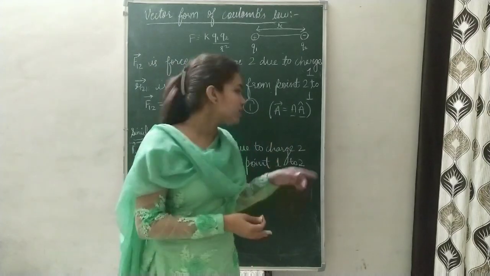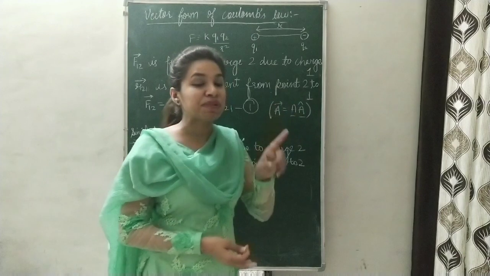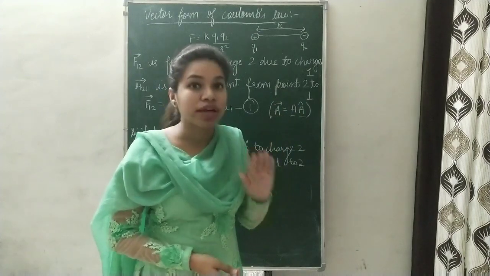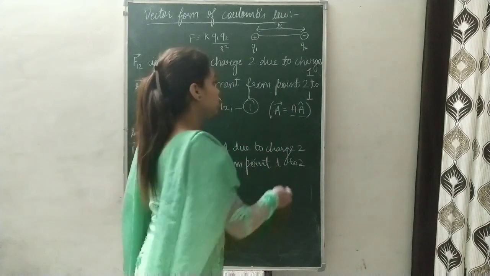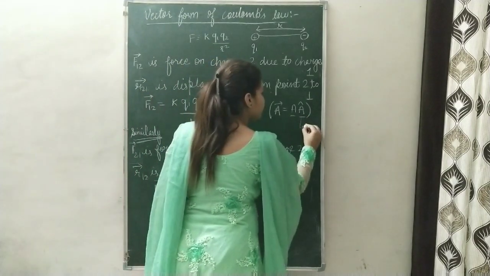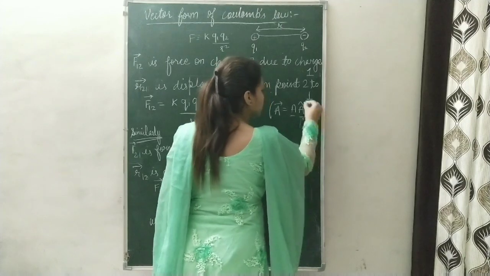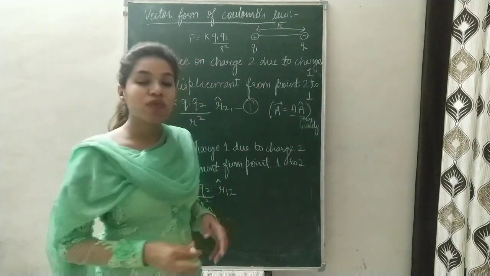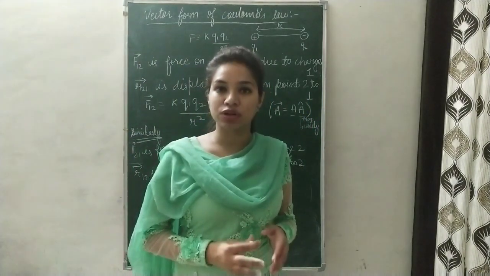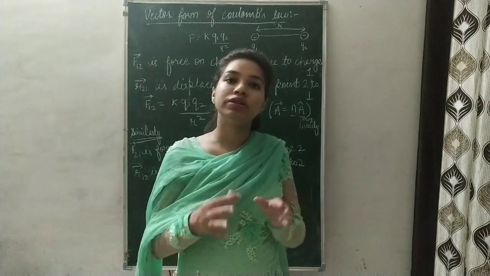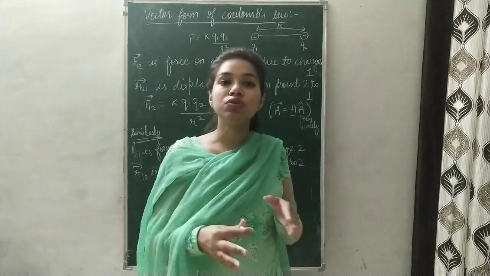A cap just represents direction here. It does not have any kind of magnitude, so the magnitude of A cap is unity. So for the vector form of force, we need the magnitude of force into direction.